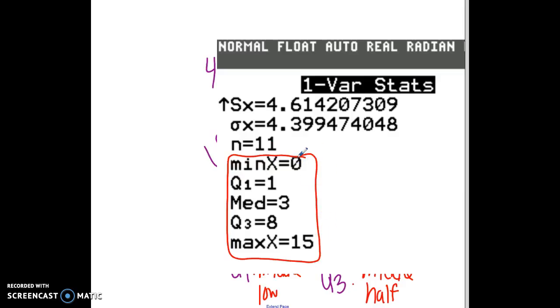Then the next thing we're going to want to do is draw a number line. I want to make sure I label it. I have to go from 0, 1, 2, 3, 4, 5, 6, 7, 8, 9, 10, 11, 12, 13, 14, 15. Just doing this real quick to reiterate. I'm going to put 5 dots above each of those numbers.